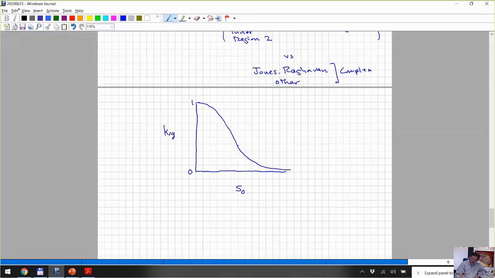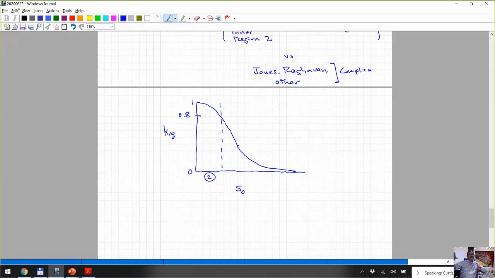Type of behavior. It goes to zero eventually at some endpoint here. This being the region 2, you're not generally seeing a very large drop in the KRG anyway.